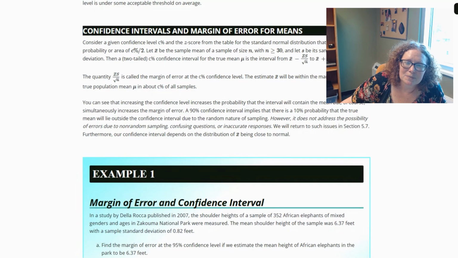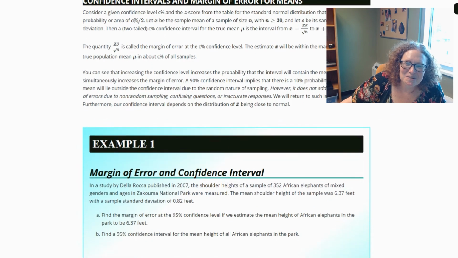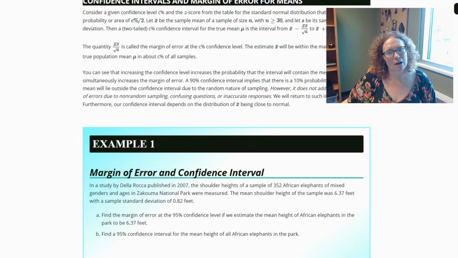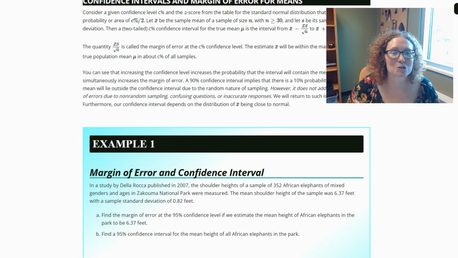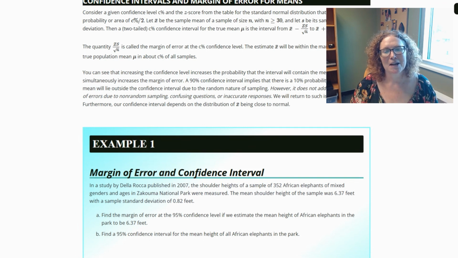With a 90% confidence interval in this example, there's a 10% probability that the true mean will lie outside, but 90% that it's going to fall within your sample size. Because remember, it's not the whole, but a portion.